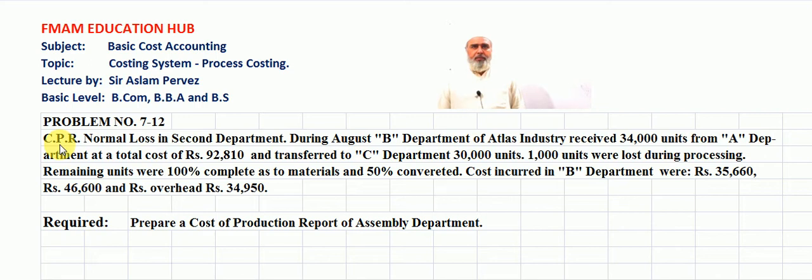CPR, the abbreviation of CPR, is cost of production report. Normal loss in second department during August.